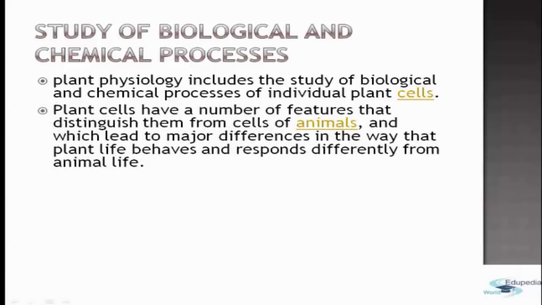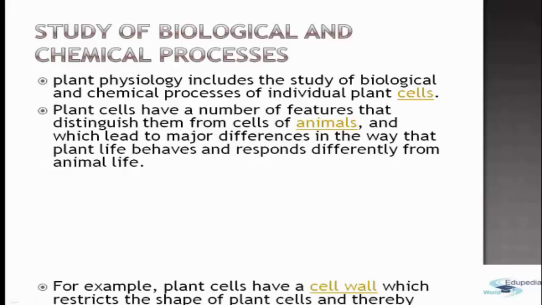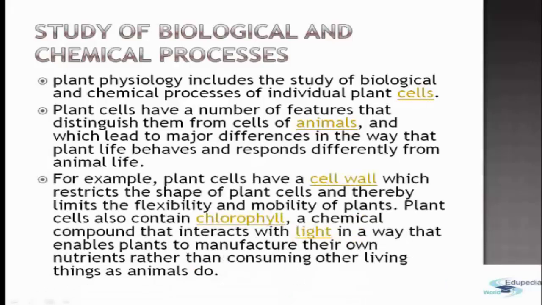Next, we have the study of biological and chemical processes, which is also included in plant physiology. Plant cells have a number of features that distinguish them from cells of animals, and which lead to major differences in the way that plant life behaves and responds differently from animal life. For example, plant cells have a cell wall which restricts the shape of plant cells and thereby limits the flexibility and mobility of plants.